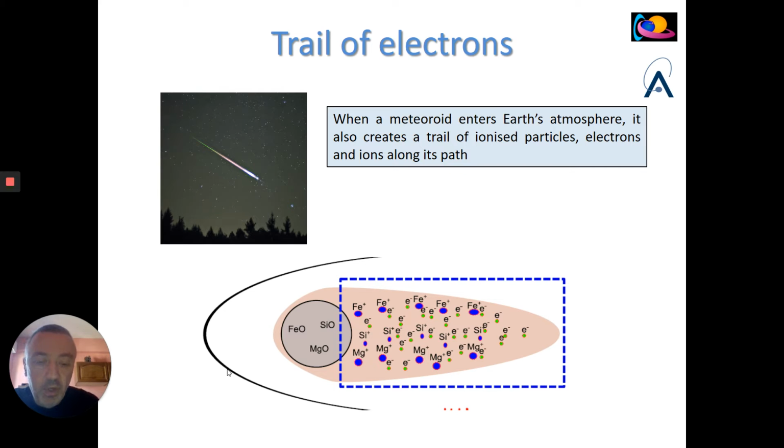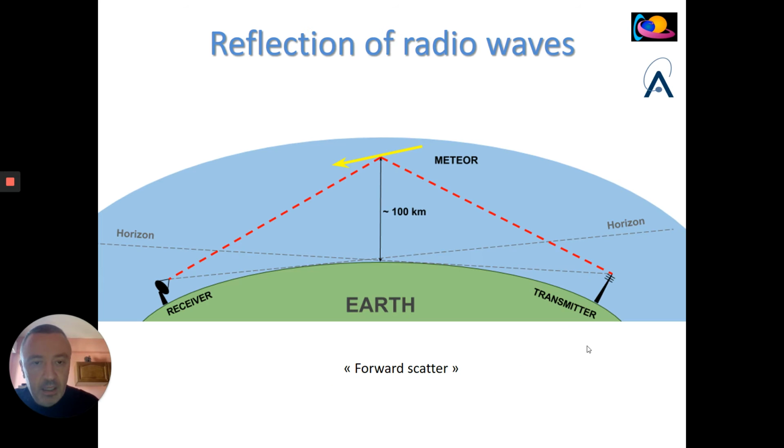And therefore this creates, along the path of the meteoroid, a trail of electrons and ions that is exemplified here. You have here the object itself, a shock wave in front, and then a trail of electrons and ions that creates along the meteoroid path. This trail, in this case, this is the electrons that are important for reflection of radio waves.